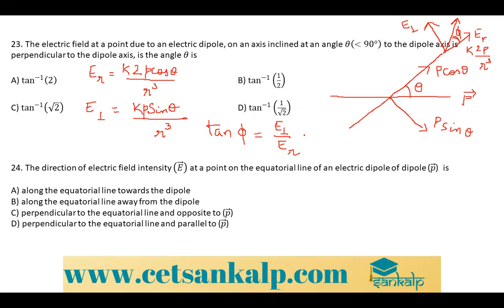If you substitute the values, Kp sin theta divided by R cube, divided by 2 Kp cos theta divided by R cube. R cube and R cube, Kp and Kp get cancelled. So tan phi is equal to half tan theta, sin by cos being tan theta.